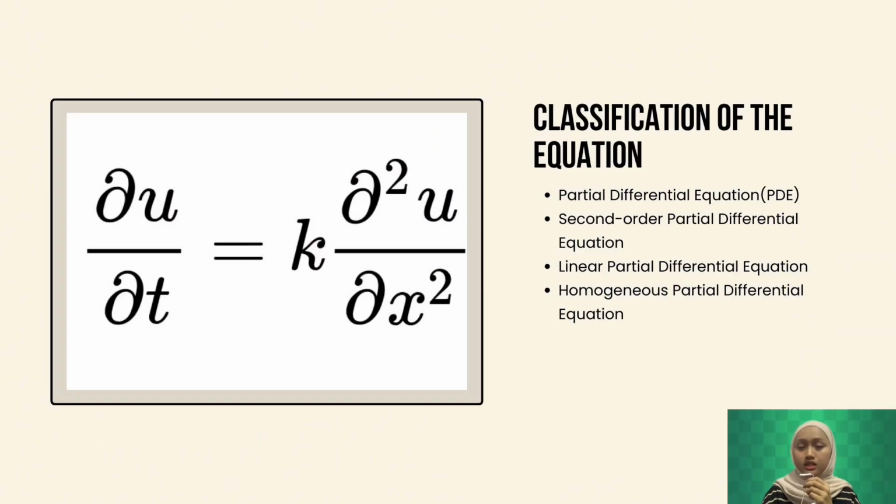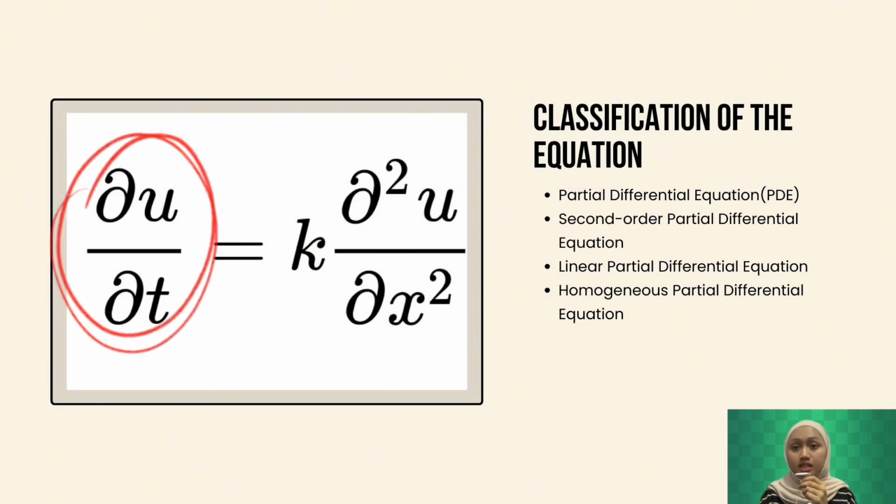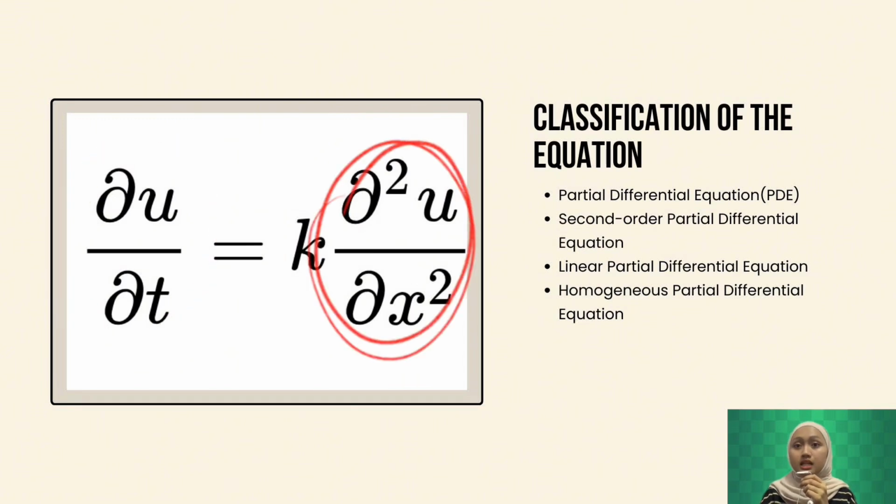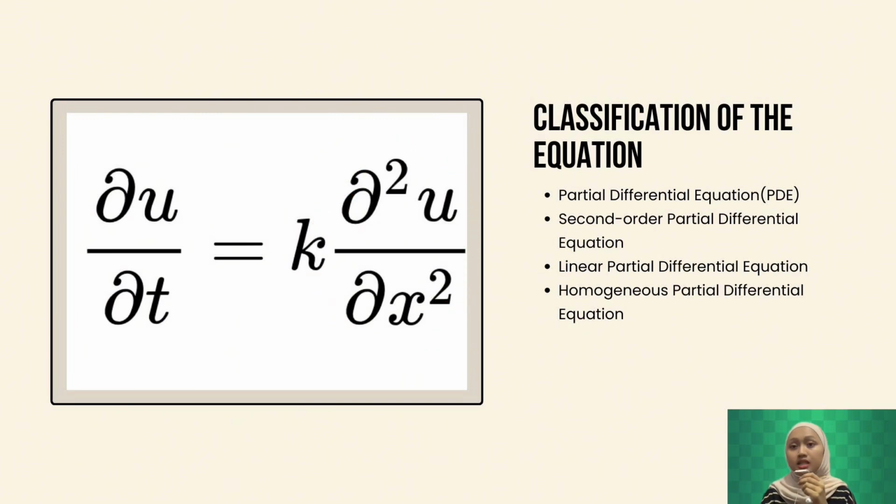For the classification of the equation, it is a partial differential equation (PDE), which is an equation that involves partial derivatives of a function with respect to multiple independent variables, such as del u per del t and del square u per del x square, rather than ordinary derivatives.